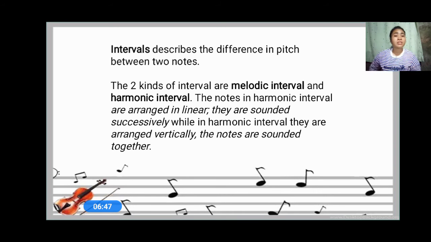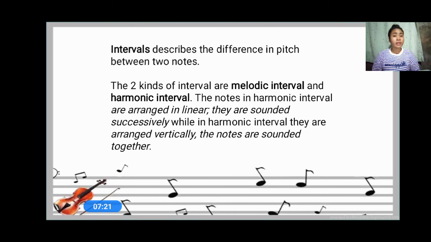They are sounded successively, while in harmonic interval, they are arranged vertically. The notes are sounded together. Again, the notes in melodic interval are arranged linearly and sounded successively, while in harmonic interval, they are arranged vertically. The notes are sounded together.